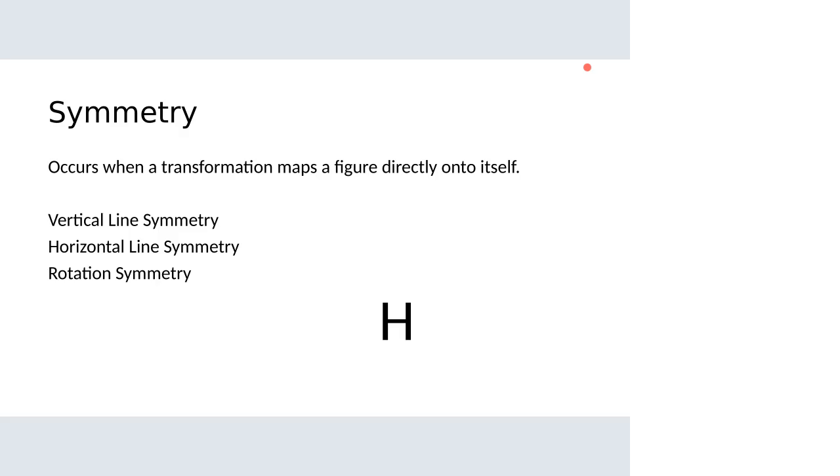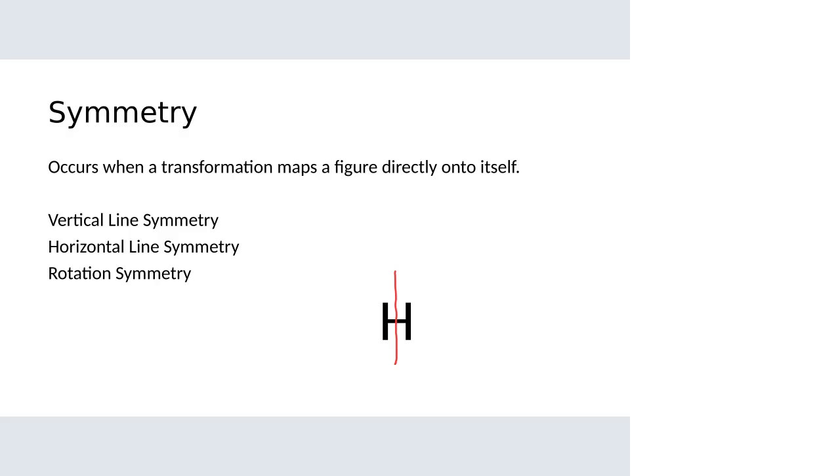And essentially, to investigate vertical line symmetry, let's see. Is there a place where I could draw a vertical line on this H? And if I were to perform that transformation, it would land directly on itself. What I mean is if I draw a vertical line right here and we were to reflect the figure across this vertical line, it would land directly on itself.